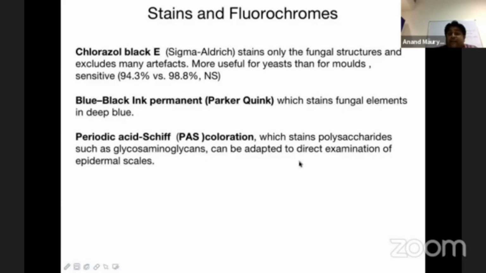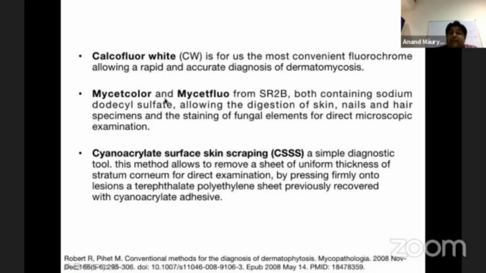There is PAS, which stains polysaccharides such as glucosamine and glycosaminoglycans, and can be adapted to direct examination of epidermal scale. And calcofluor white is the most convenient fluorochrome, allowing rapid and accurate diagnosis of dermatophyte infections.